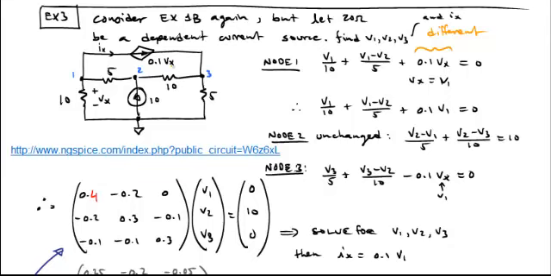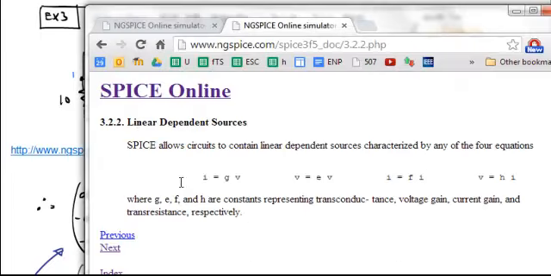VCCS, voltage controlled current source. So what letter do we use? Look here, between all of these, the first one outputs a current and it's based on a voltage. That's actually the one we want. The second one outputs a voltage and it's dependent on a voltage. Third one outputs a current dependent on the current. Last one is a voltage output dependent on a current.